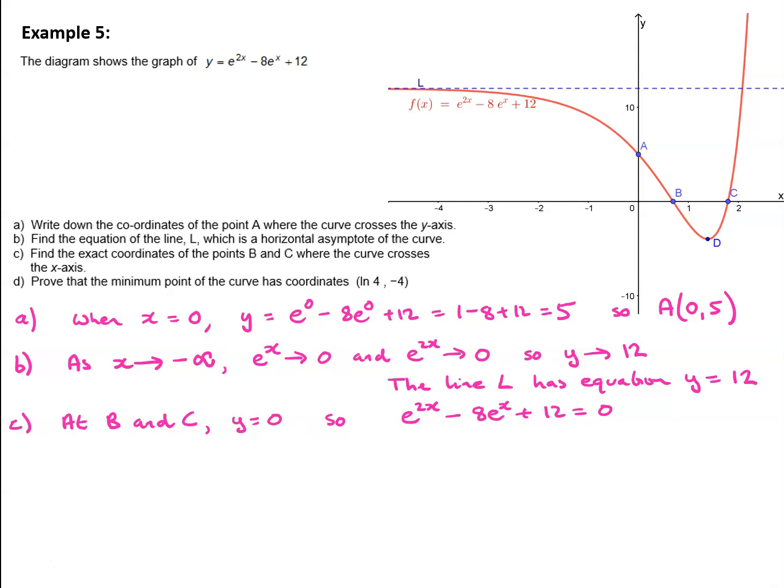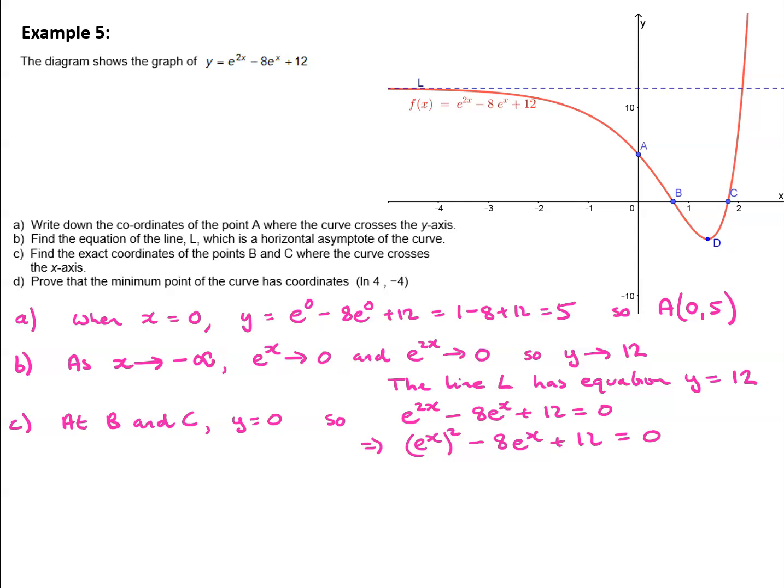This is very similar to the equations that we were looking at earlier on in this video. We need to remember that e to the 2x can be written as (e to the x) all squared. So the equation is equivalent to (e to the x) squared minus 8e to the x plus 12 equals 0.